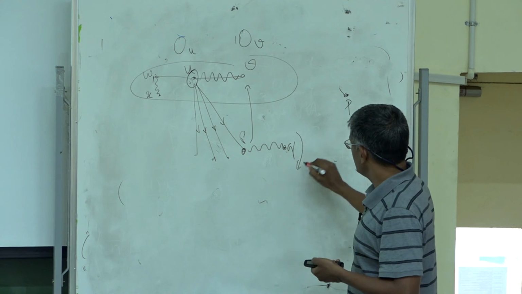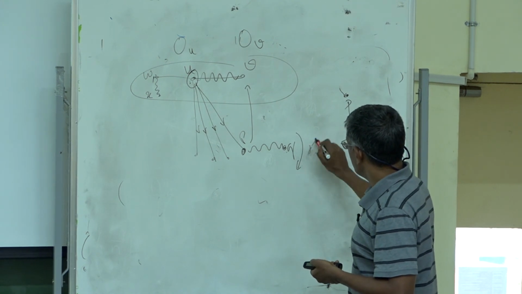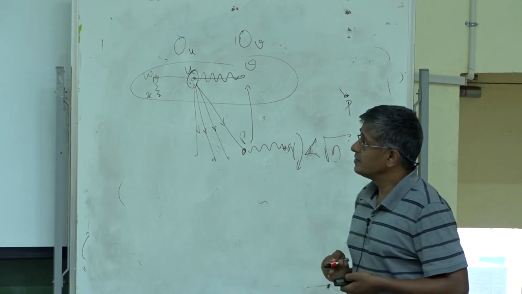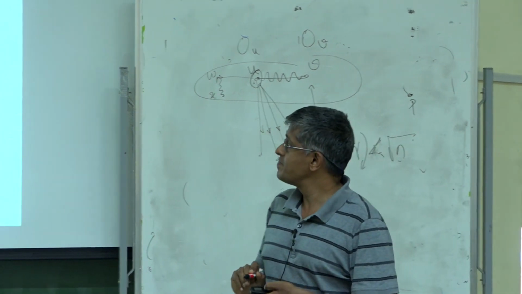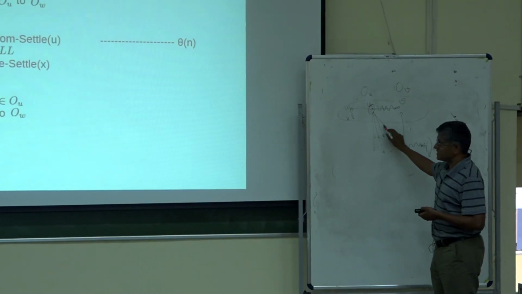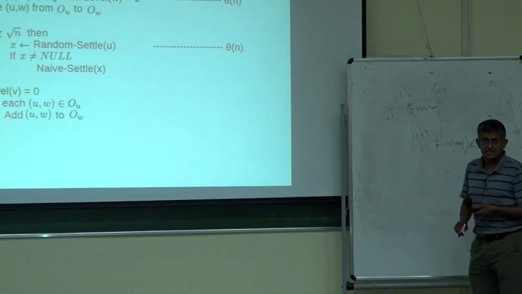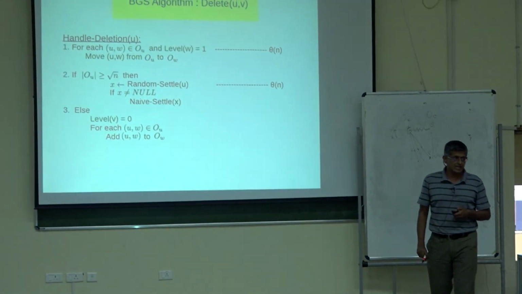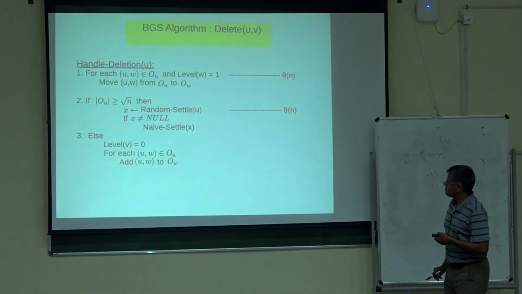So therefore, this takes less than root n probes. However, the difficulty here is that you have to sample one of these guys. Therefore, you can only say that this takes order n time.